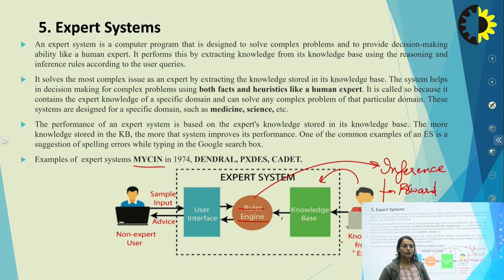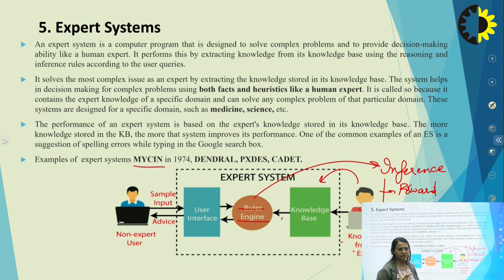Dendral is basically used to suggest the infective molecular organic components in organic chemistry, and it is used to detect all those irregular components with the help of mass spectra, whereas PXDES is the expert system that is used to suggest lung cancers in anybody's body.